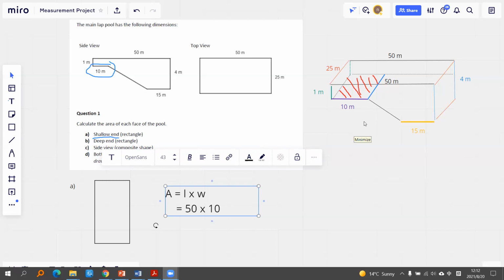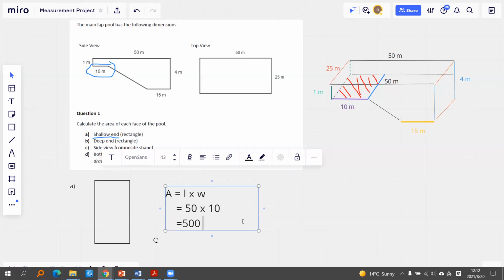So this will be 10, which is the width, times 50, which is the other side length. That will be your answer. You should get 500, right?